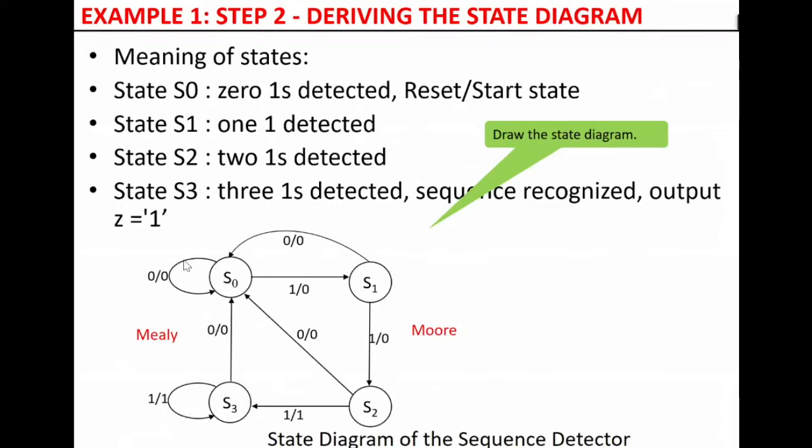If the first one does not arrive, if a 0 arrives here, you keep on there, the output is 0. If a 1 arrives, it is the first one, the output is still 0. The second one arrives, you go there, the output is still 0. If the cycle breaks anywhere here and there, you go back to 0. If it breaks here, you go back to the first state. If a 1 arrives, the third one.